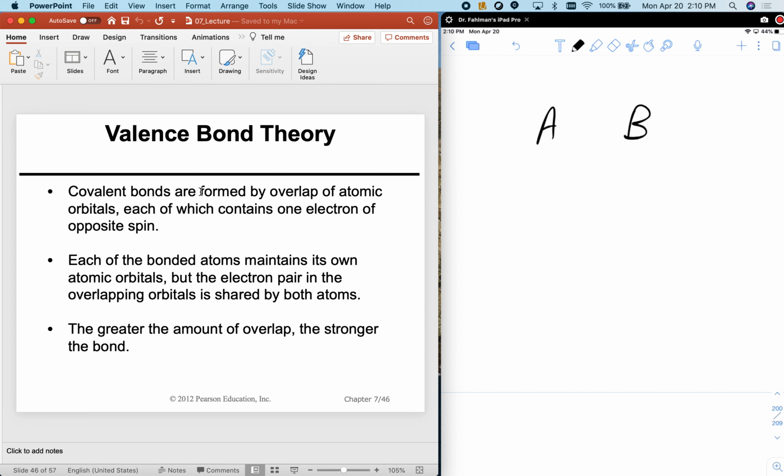If we have two atoms, let's say we're overlapping p orbitals, remember that these are mathematical functions, so one lobe is positive, the other is negative, and they can overlap here and then share two electrons. This is really just a very simple theory that talks about overlap of orbitals. And the stronger the overlap, the stronger the bond.